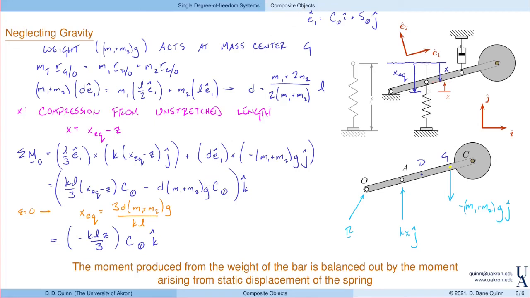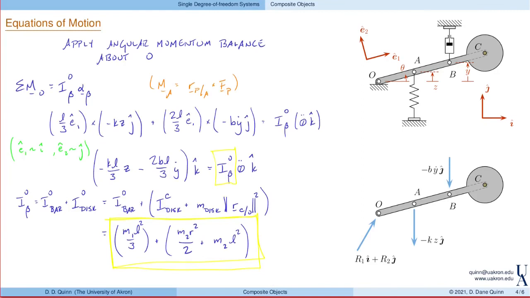And again, since we're dealing with a linearized problem, cosine of theta is approximately 1. And so this reduces to minus kL over 3 times z in the k direction, which is what we had when we neglected gravity, right? This term is just minus kL over 3 times z.